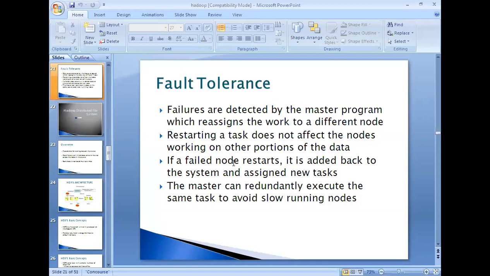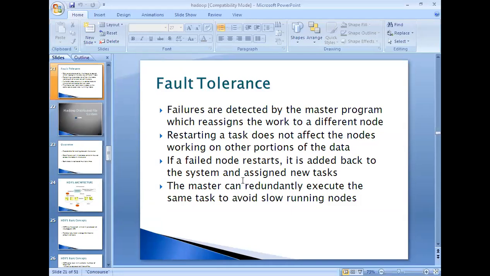Whenever a particular chunk server fails, the master immediately looks for the second replica of the data that was stored on server one. The same data present on another machine will be found by the master, and it immediately alerts that chunk server to start the execution.